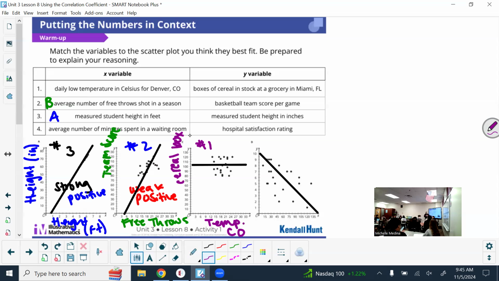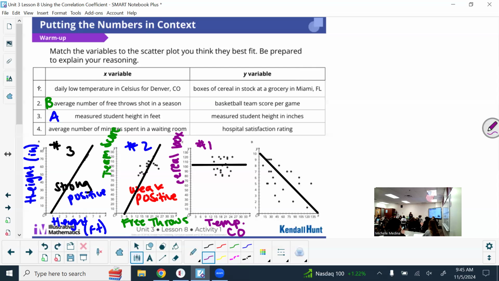That doesn't mean that is what caused it, right? Does a temperature somewhere cause boxes of cereal somewhere else to increase? No. So just because something might have a strong correlation doesn't mean there's cause and effect there, which is something we're talking about. But clearly this one's no correlation, so it makes sense that it goes with number 1.